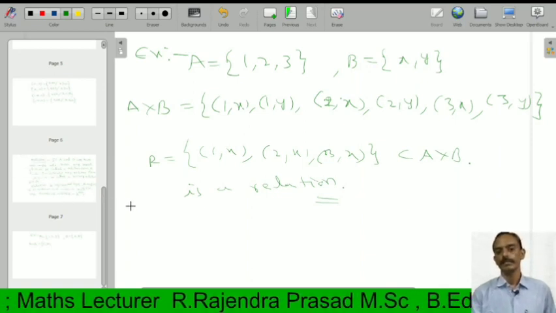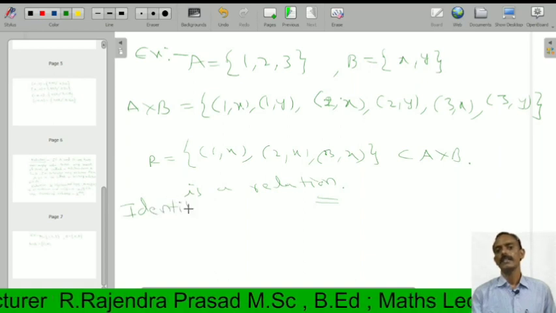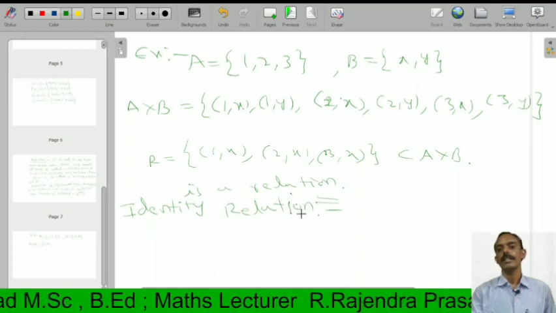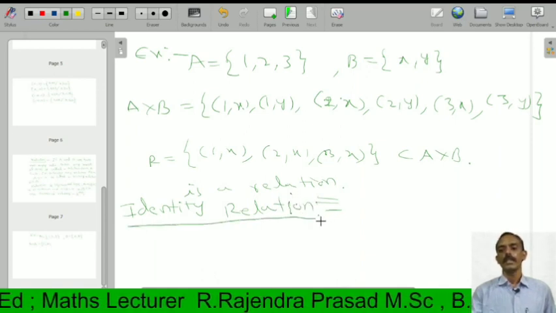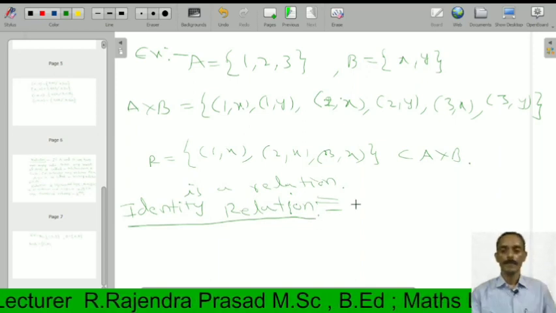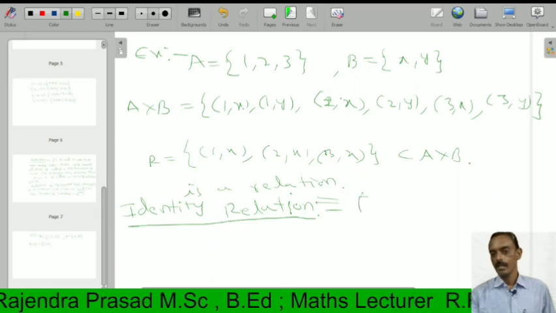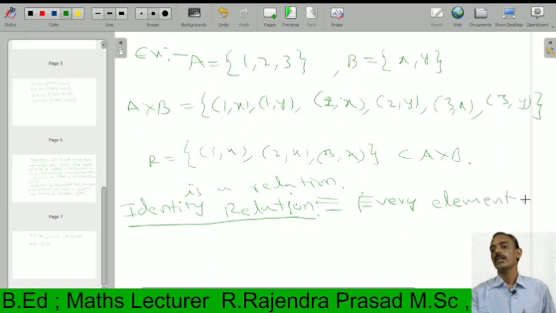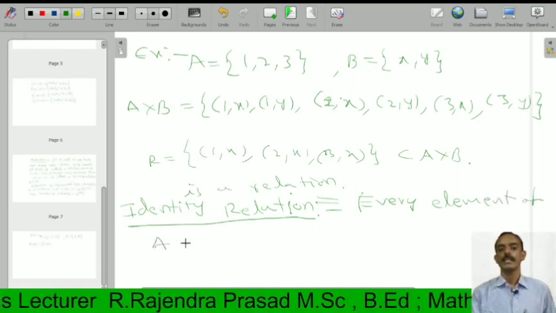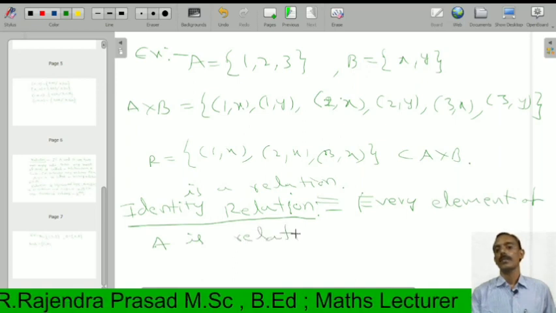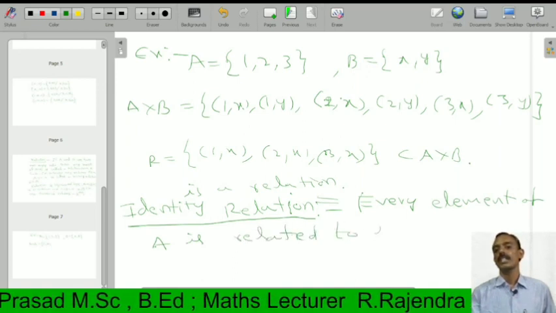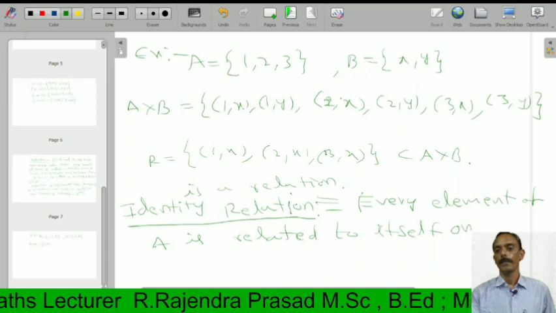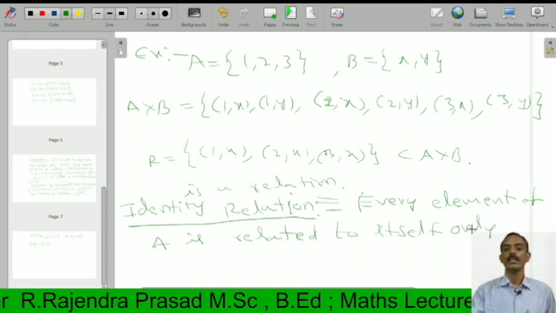Identity relation. Every element of A is related to itself only.